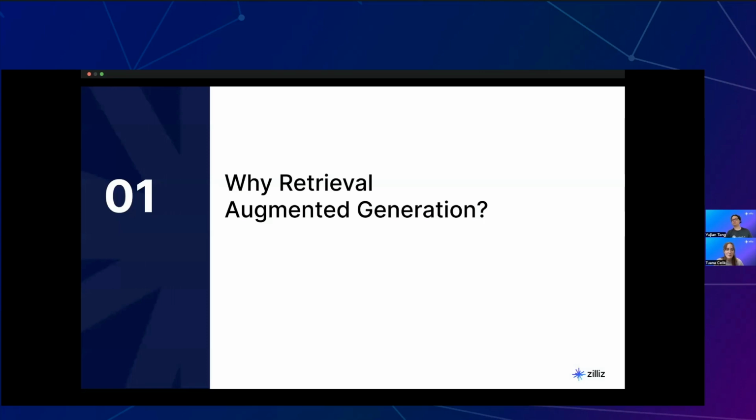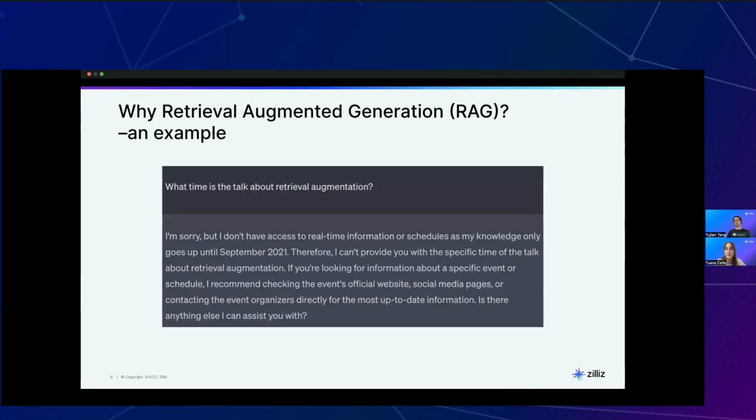All right, so we're going to do a bit of a back and forth, but I'll start with a quick recap as to why we talk about retrieval augmented generation. And to depict the issue we try to solve with retrieval augmentation, I have an example, and I'm sure a lot of you have already seen this UI before. So this is actually a question I asked ChatGPT.